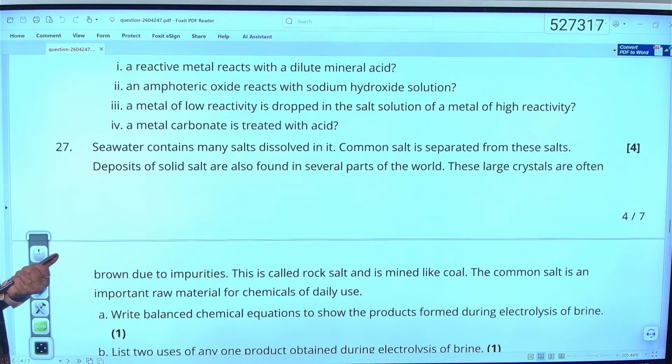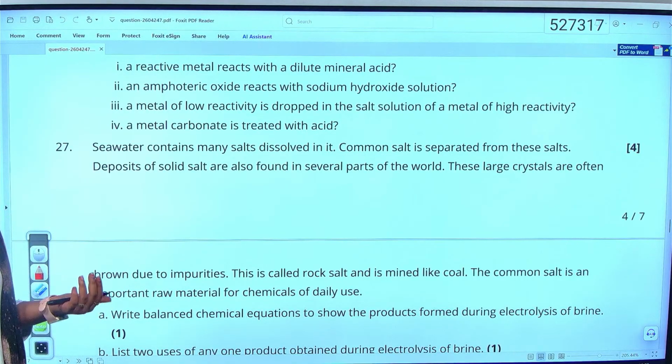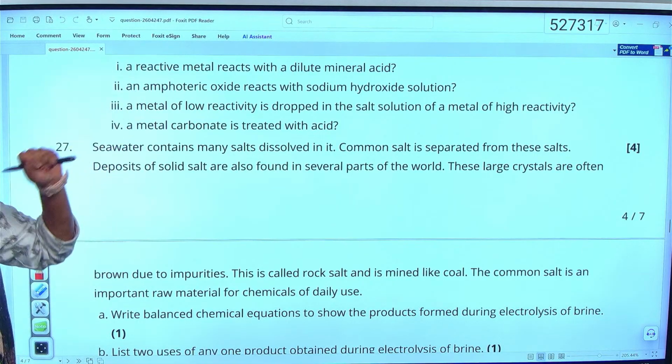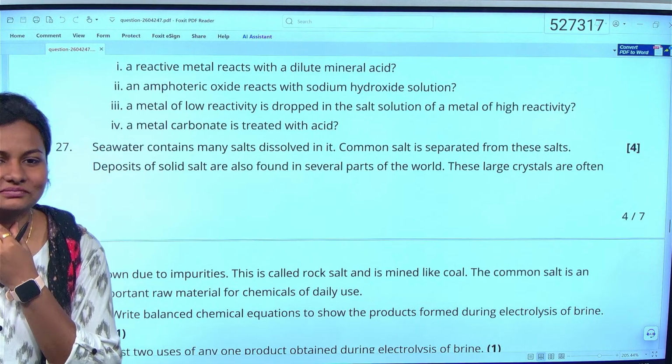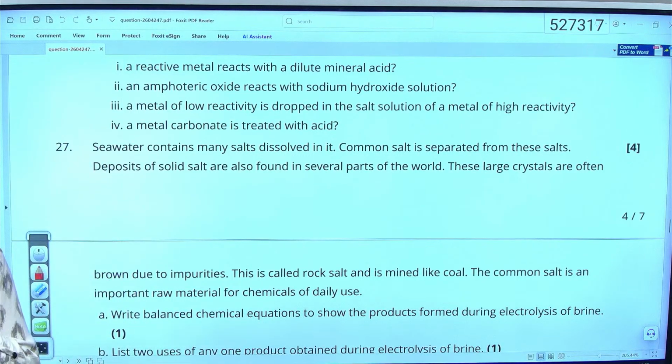Amphoteric oxides react with sodium hydroxide solution. What is true? So first write any one reaction of acid with metal. Write it with zinc metal also.